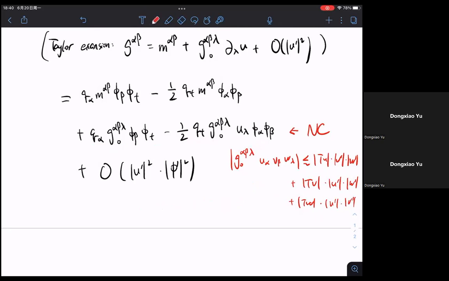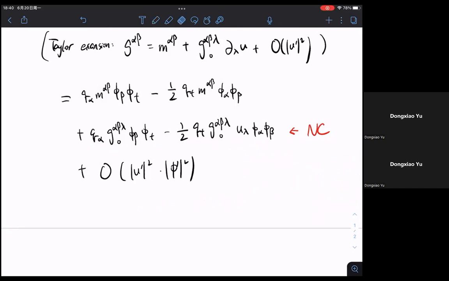So the second row here would be controlled by, let me erase this estimate and just write down what we have here, the second row would be bounded by TQ times phi prime squared plus phi prime T phi Q prime. And this is the first term.